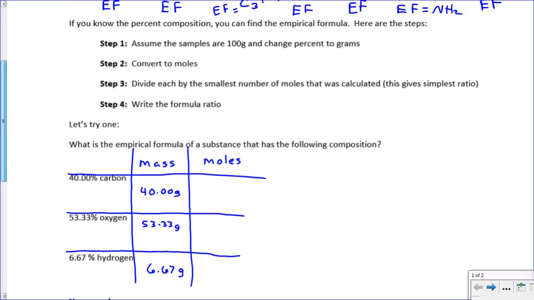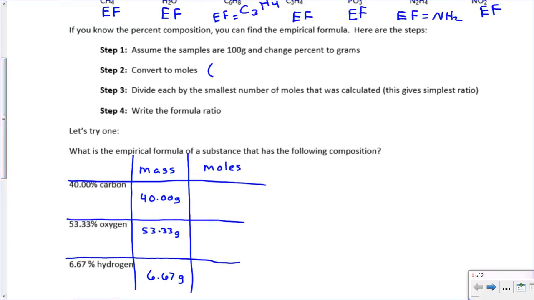Now, in order to do that, you have to divide by the molar mass, and it's important that you understand how to do each of these steps, because it's basically the same process over and over again.